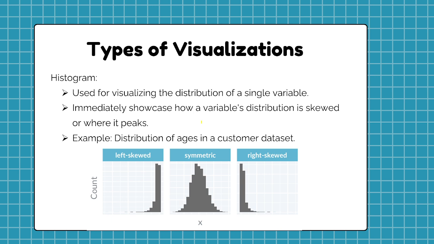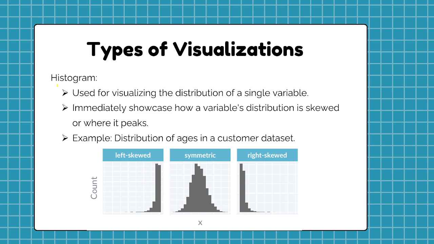Okay, so this histogram is used to visualize the distribution of a single variable. The histogram immediately showcases how this single variable distribution is skewed. We can find out if we compare the mean value with other attributes such as the median and the mode.